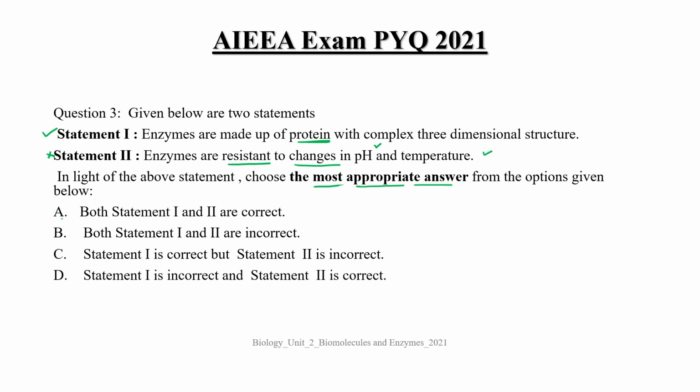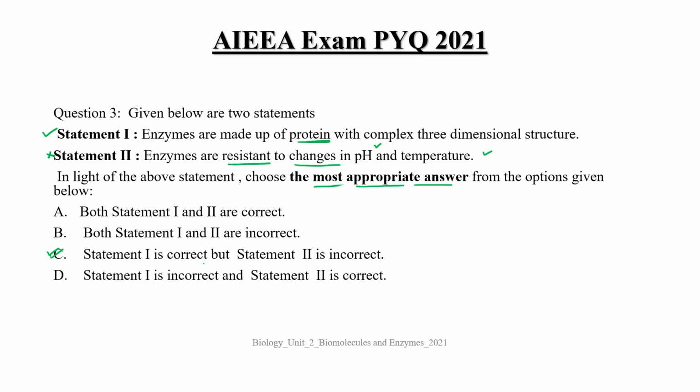But out of these 4 choices, what is the correct answer according to you? Just take 5 seconds. Understand both the statements, what they have mentioned in statement 1 and 2. Yes, you are right. Choice number C is the correct answer, where statement 1 is correct.